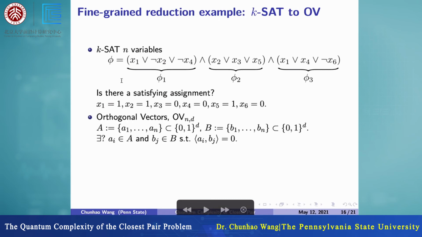Let me introduce the orthogonal vectors problem. It takes two parameters, n and d. n is the number of vectors and d is the dimension.